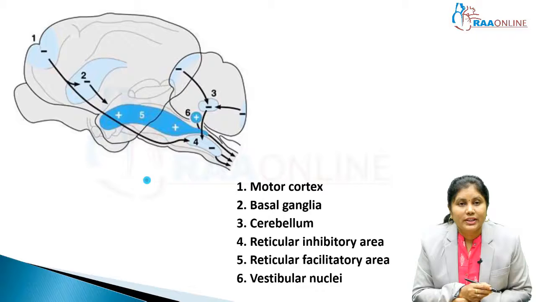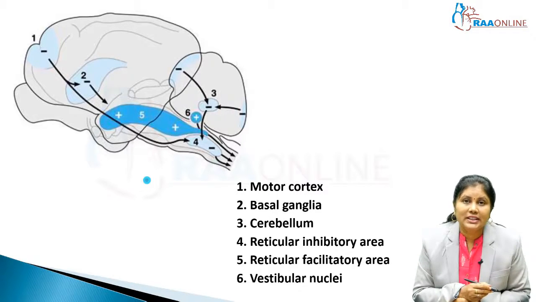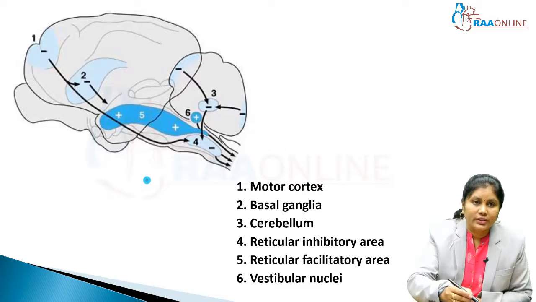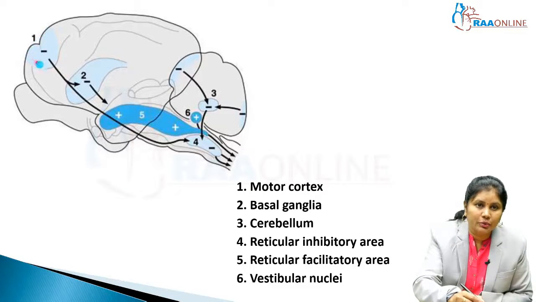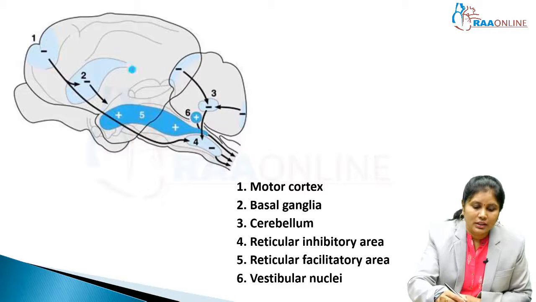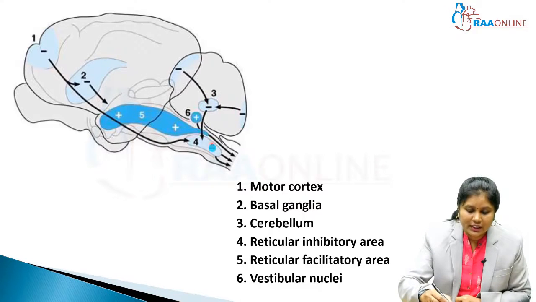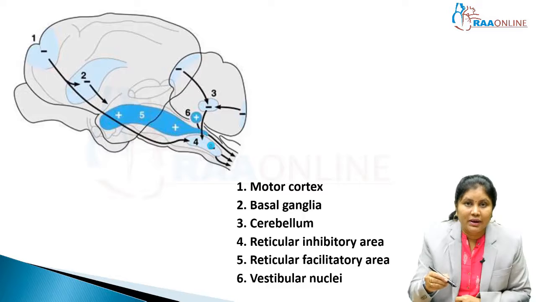This picture will give you information regarding the various higher centers that have influence over the muscle tone. Okay. So, in this picture you can see the light blue colored area starting from the motor cortex, basal ganglia, cerebellum, and the reticular inhibitory area which is in the medulla.